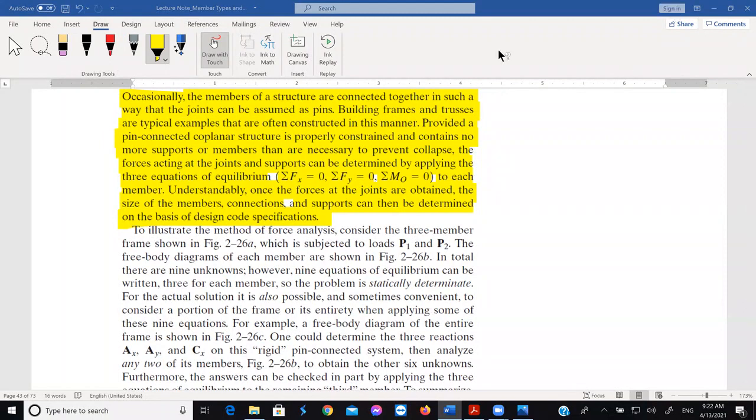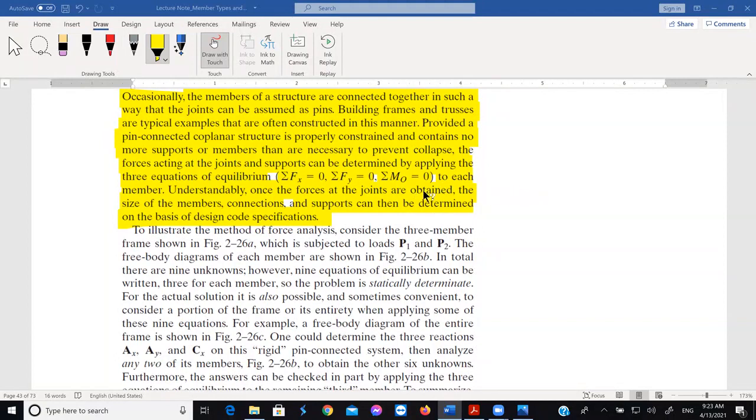You need to idealize your structure first from the loading diagram and the orientation of members. Then you apply the external force on this building or whatever the frame is.